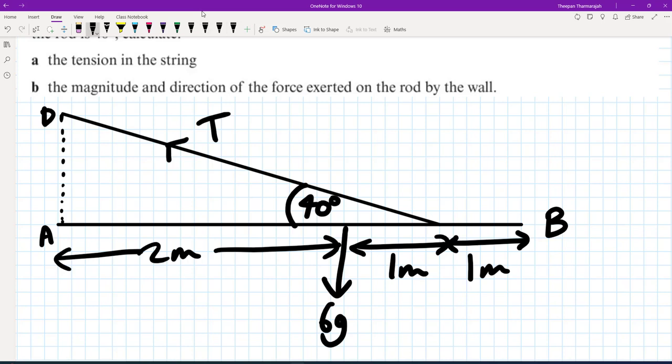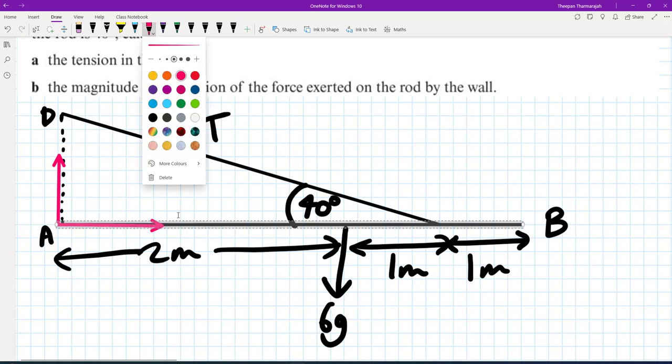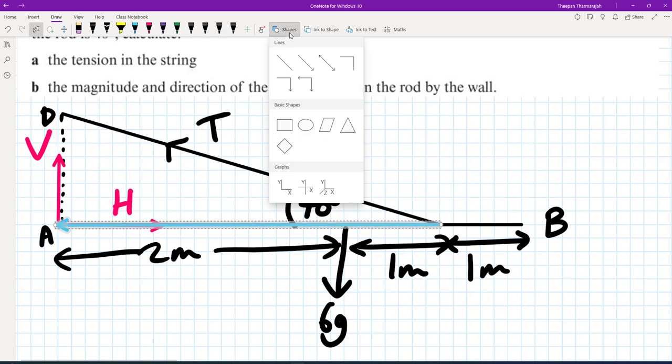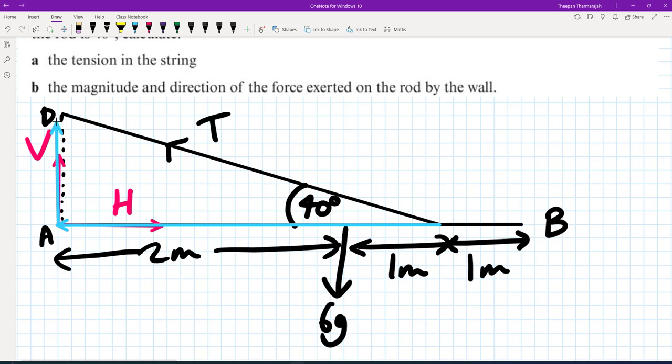So what we ought to do is draw in our components. Here we have our vertical component V, and our horizontal component H, like so. Really, what happens when we resolve this force is that we have resolving horizontally this, and resolving vertically that.